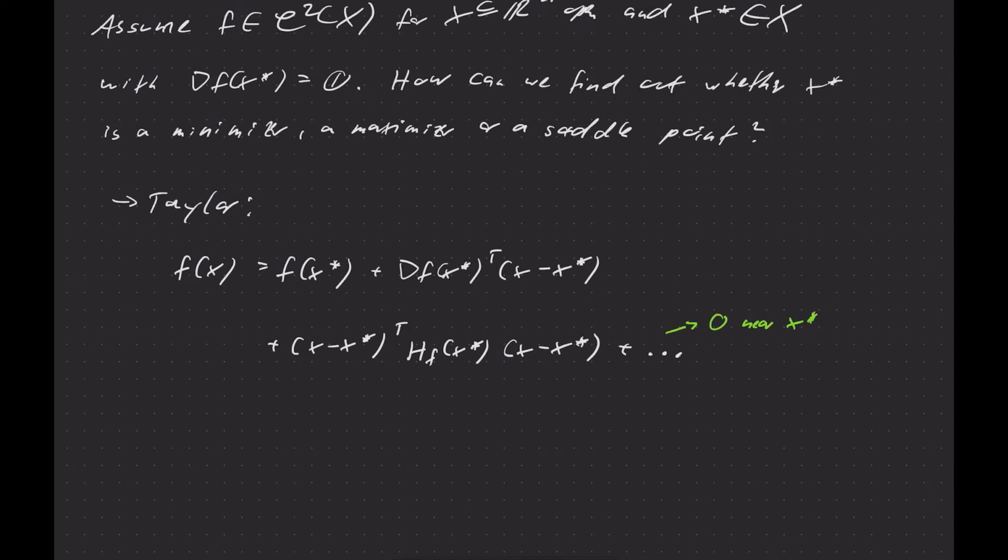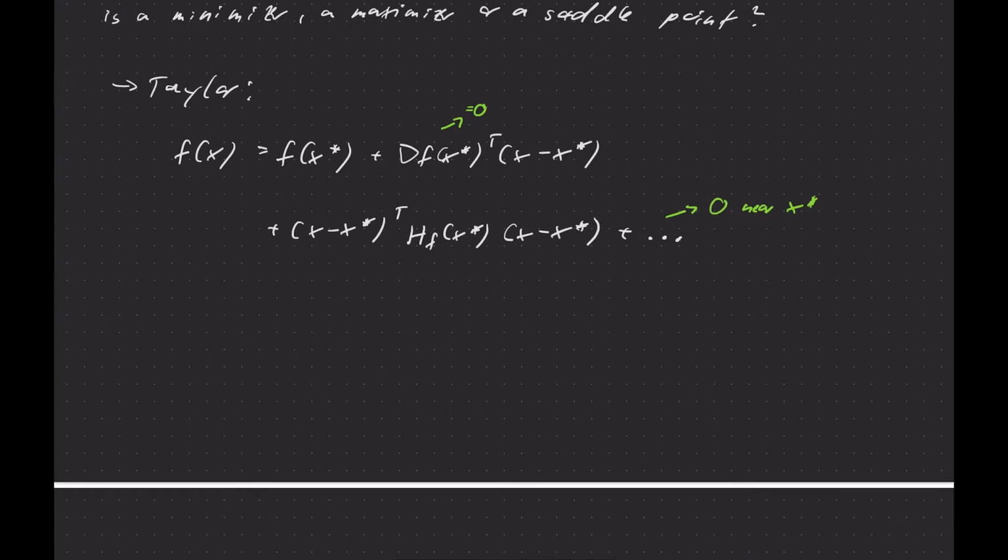And what we also know is this specific point here, that nabla f at x star is equal to zero because we have a stationary point. So that second term here vanishes, and that means the local behavior of f is characterized, well, of course, the function value, and then this quadratic term here. So it's basically governed by what this matrix does with the vectors here.